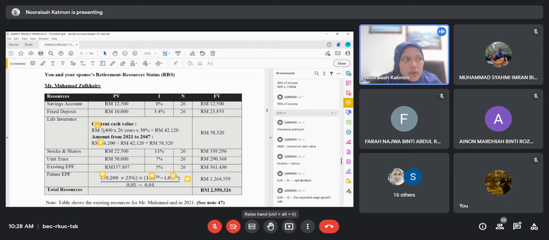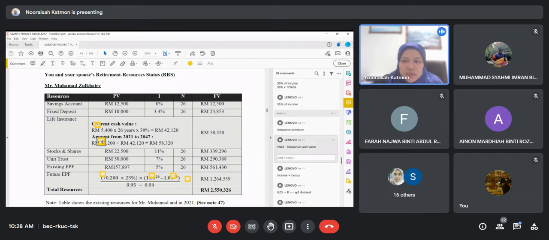This is available in your fact finding sheet. If you look at the parts related to the insurance information, you have the information about the insurance premium there. So that is 5400 times another 26 years that you will pay until you retire, times 30% of the rate, then you can get 42,120.